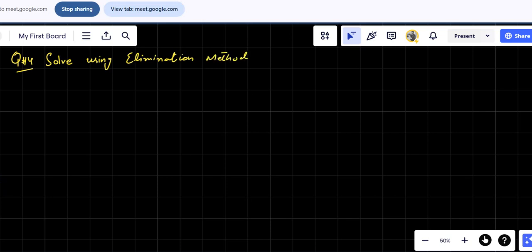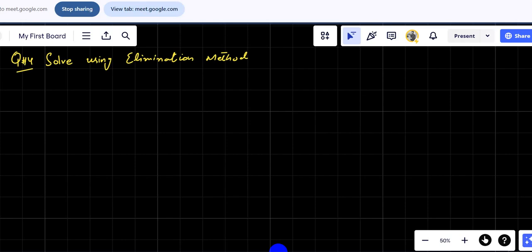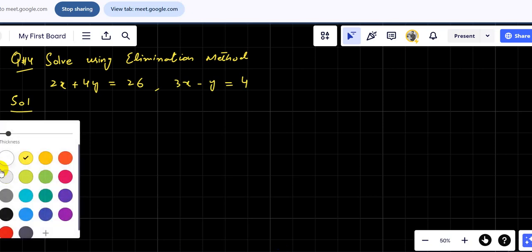The equations are 2x plus 4y equals 26, and the second equation is 3x minus y equals 4. Okay. So now I request you to guide me to solve this question, please.